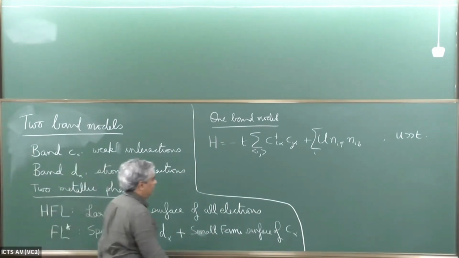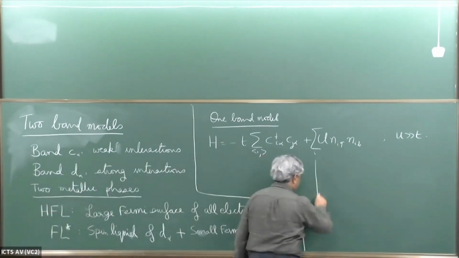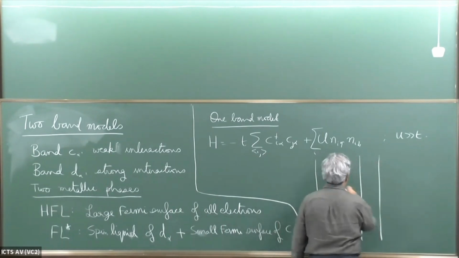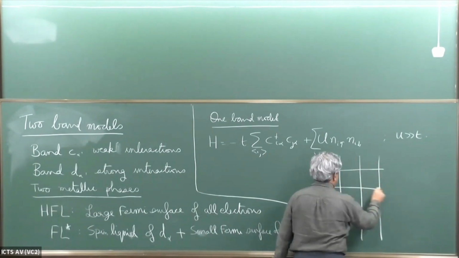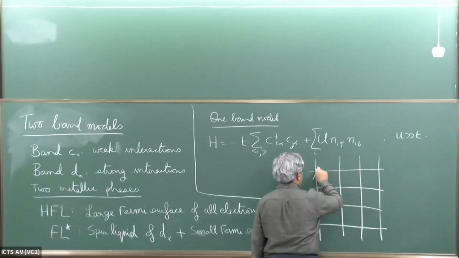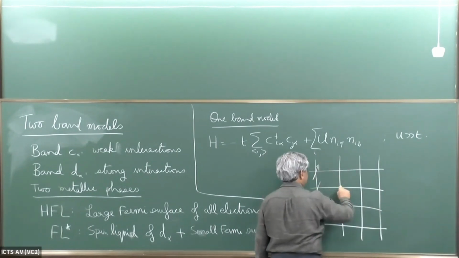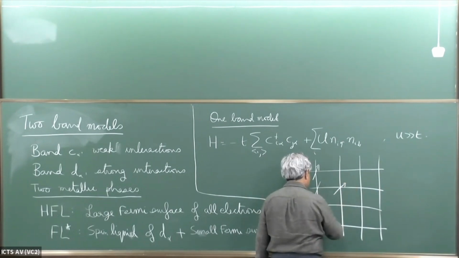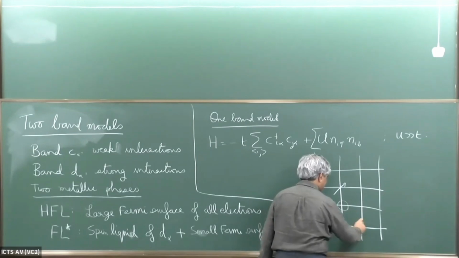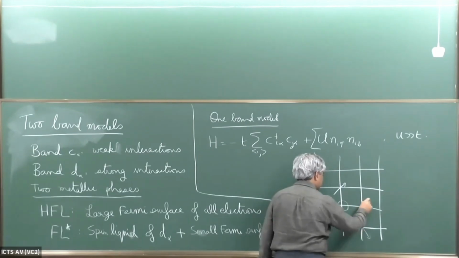Okay, so if I draw a picture here of what we want to talk about, you have a bunch of electrons on the square lattice whose spins can fluctuate. And there's also holes around there, something like this.